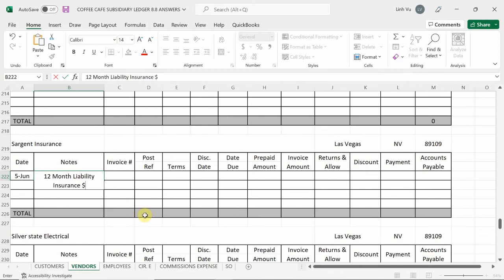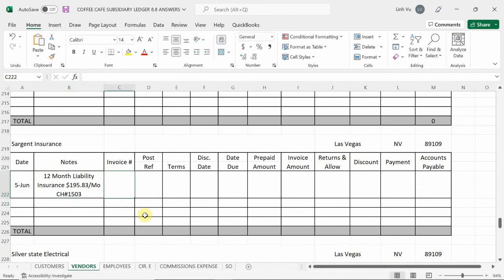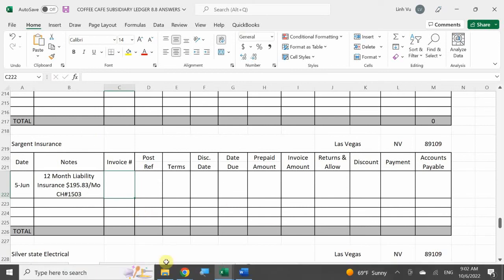You could say it's $195.83 per month. And then you can say you made a payment using check number 1503. What's my invoice number? Would it still be the policy number? It can be the policy number, right?